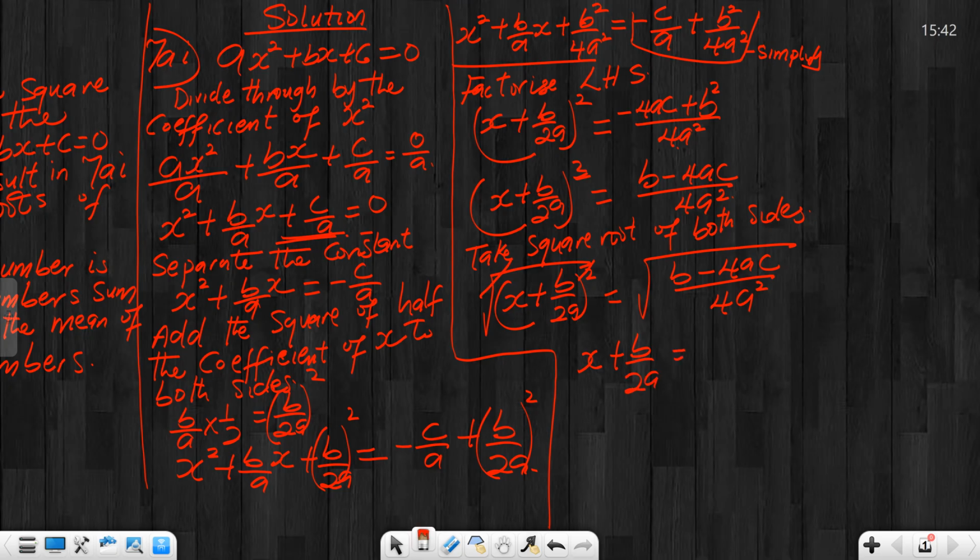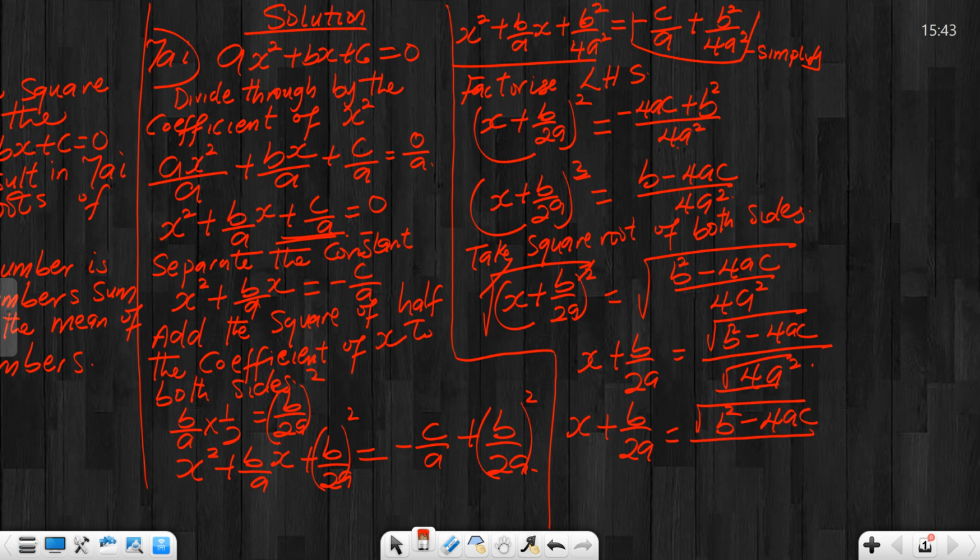You can separate this as root of b squared minus 4ac all over root of 4a squared. And what will this give me? Here I have x plus b all over 2a equals to root b squared, sorry, minus what?